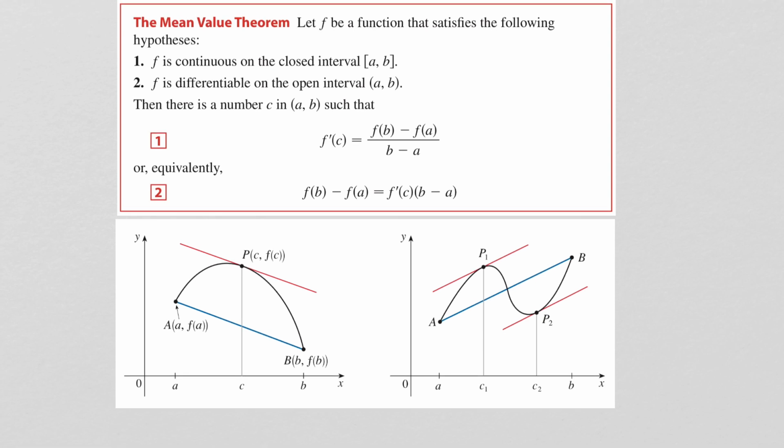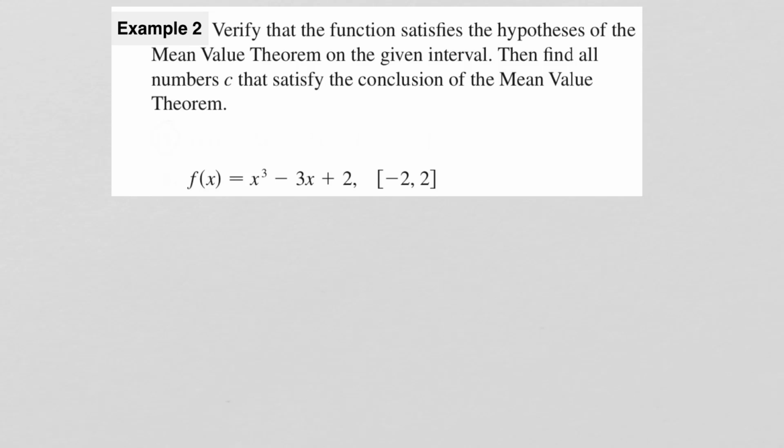Let's take a look at an example. So here it says to verify that the function satisfies the hypotheses of the mean value theorem on the given interval. Then find all numbers c that satisfy the conclusion of the mean value theorem. So again, this is a pretty straightforward exercise.